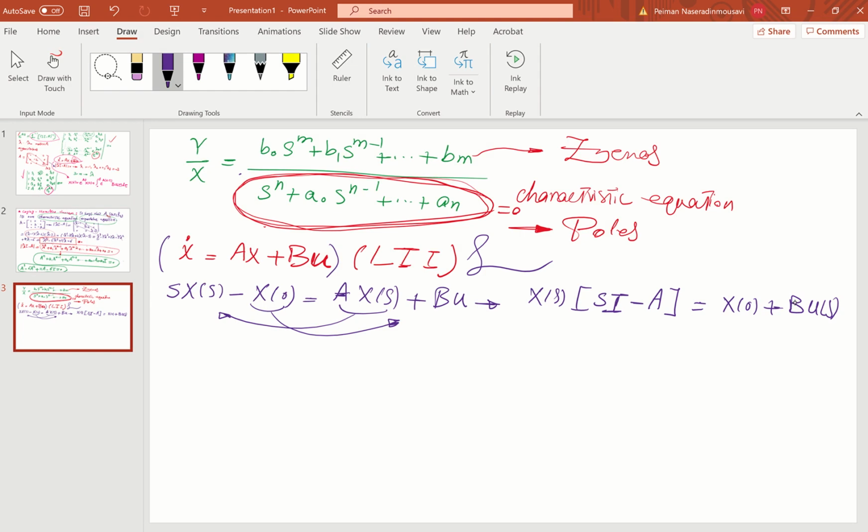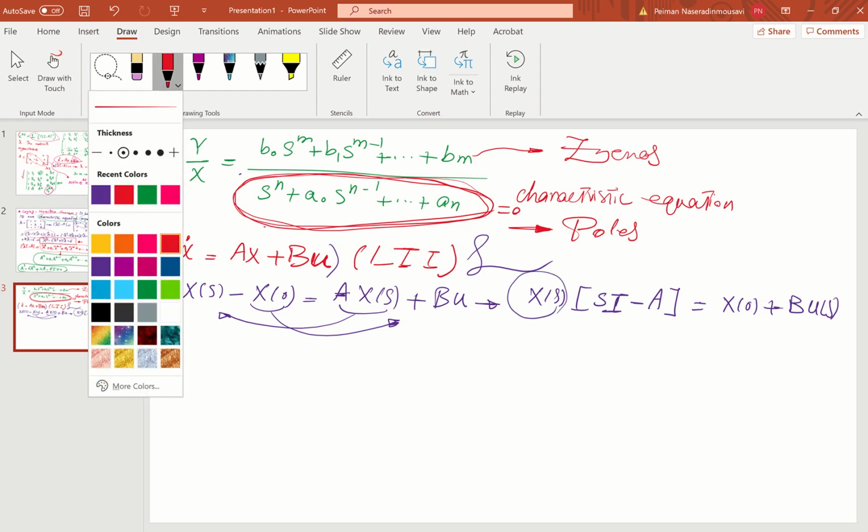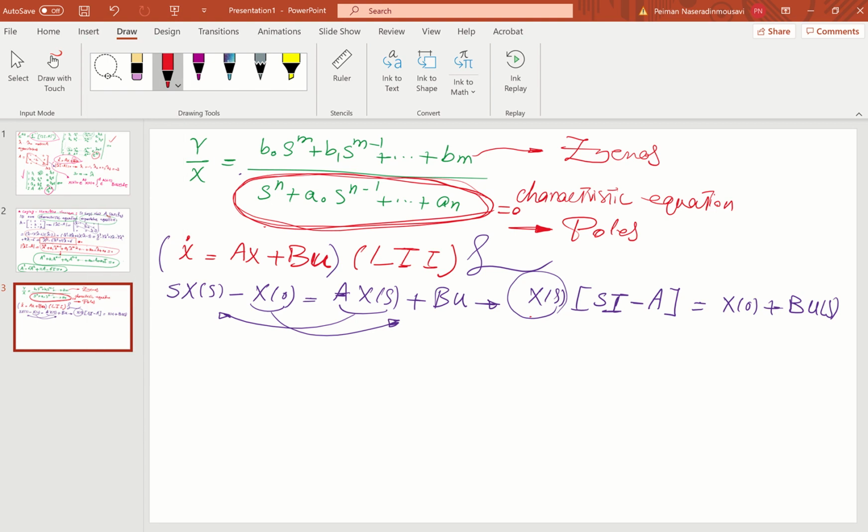Now, because what we want to solve for is the state variables, we multiply both sides by (sI minus A) inverse. That's right.